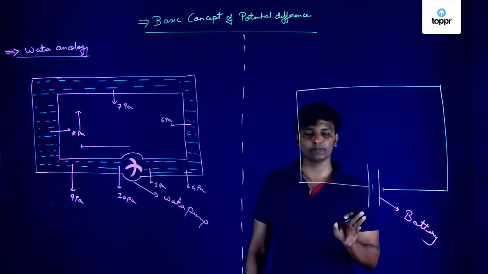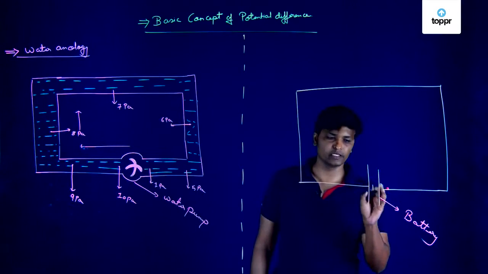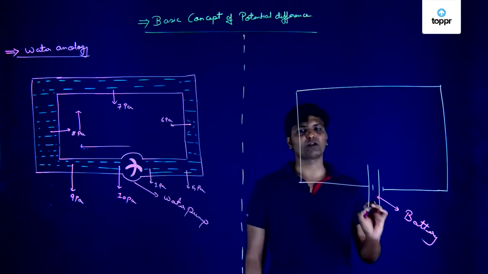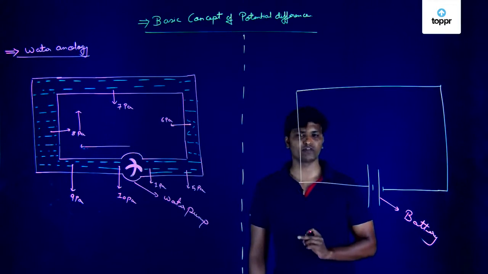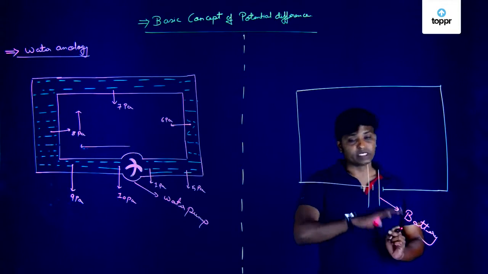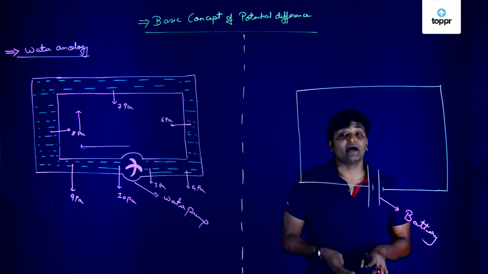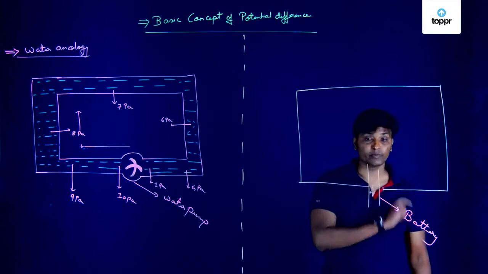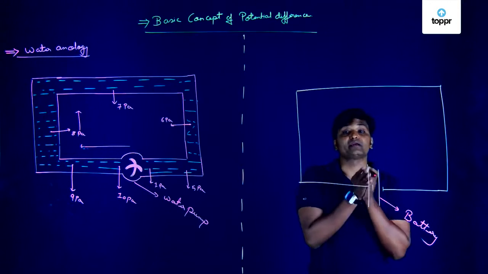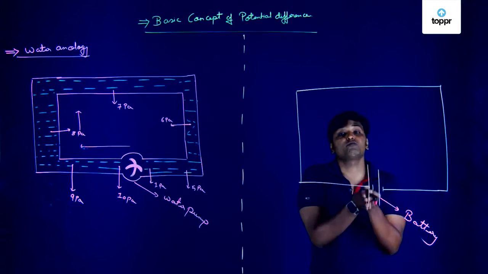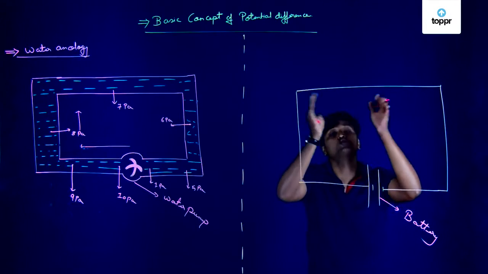One is the positive terminal, another is the negative terminal. The positive terminal has a tremendous amount of positive charges, the negative terminal has a tremendous amount of negative charges. The positive terminal is considered to be at higher potential, the negative terminal is considered to be at lower potential. That means this battery creates a huge amount of potential difference throughout the circuit.